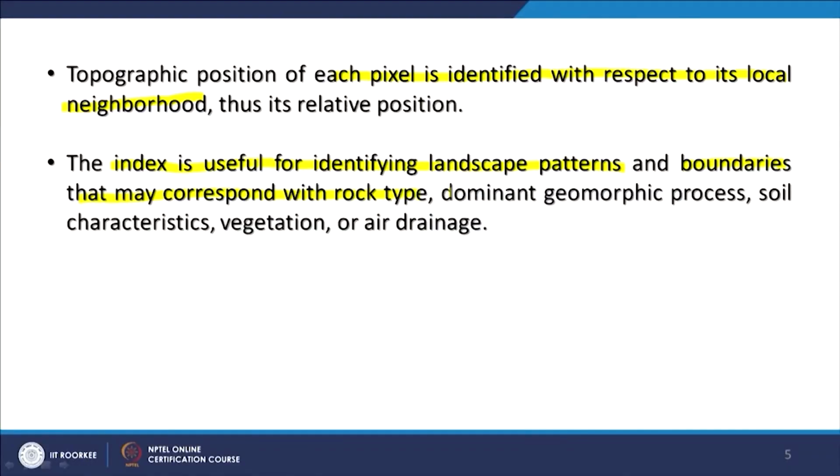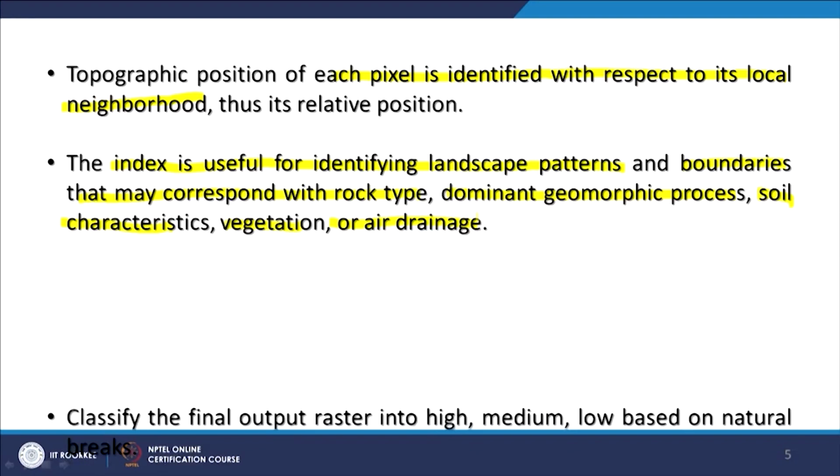So if we find a completely different roughness in two adjacent areas, there must be some reason, and one possibility is that the rocks might be different in those two areas, which are showing two different kinds of surface roughness. It is also useful for dominant geomorphic features, processes, soil characteristics, vegetation, or air drainage in the case of desert areas or other things.